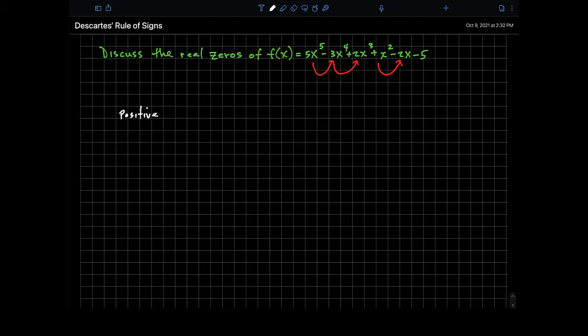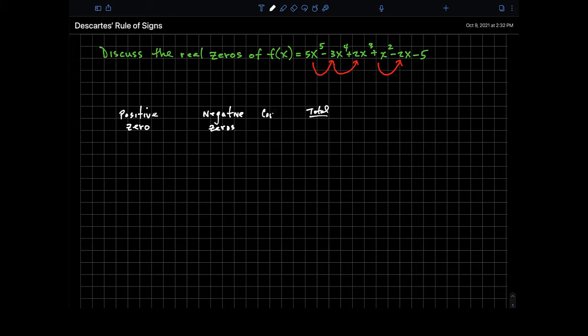When we work with the original f of x, that'll tell us how many positive zeros may exist in the function. When we evaluate f of negative x, that'll give us how many negative zeros may exist. Since the degree in this example is 5, it's a degree 5 polynomial, there can be no more than a total of 5, so all of it should add up to 5.